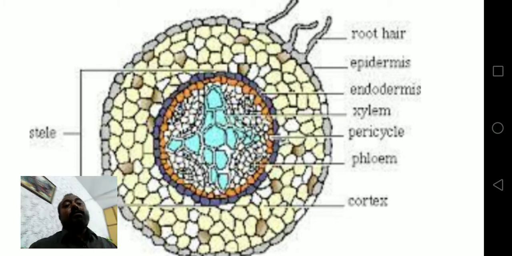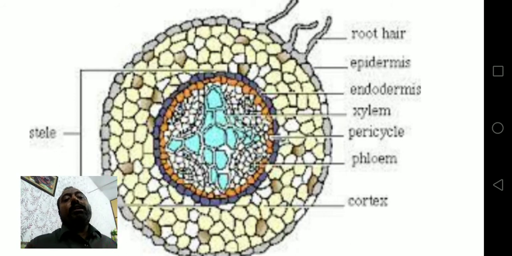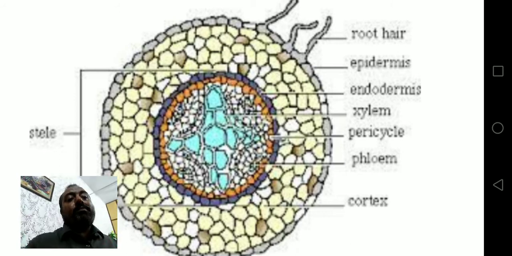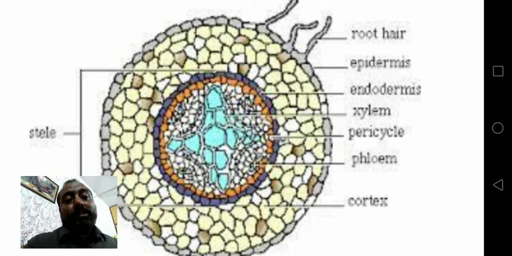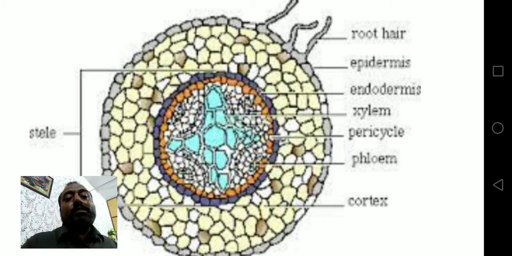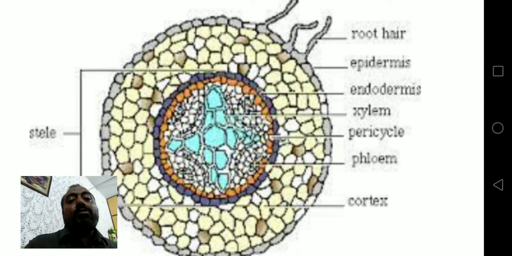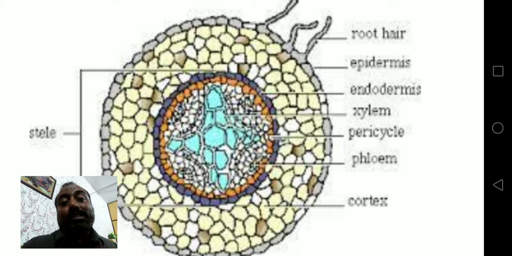And such epidermal cells which are making these root hairs are called root hair cells. So root hair cells are actually epidermal cells because they are part of the epidermis, but they are different from normal epidermal cells because they are making thin and long extensions called root hairs.